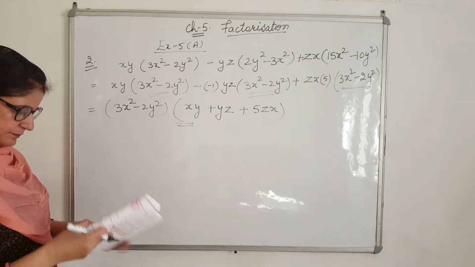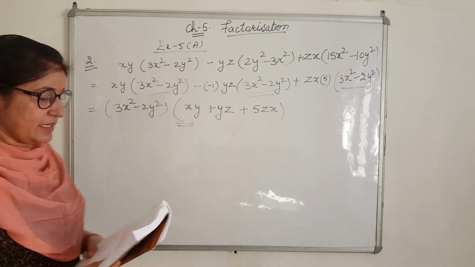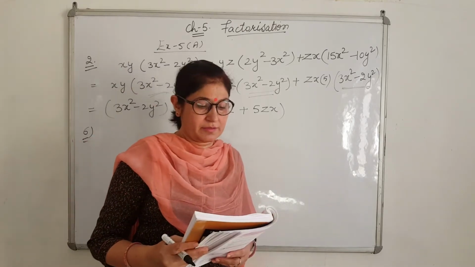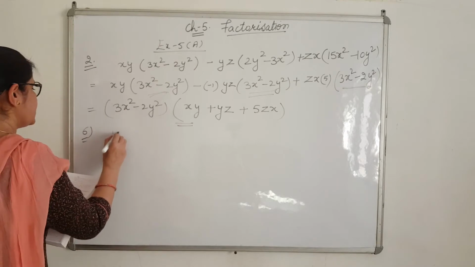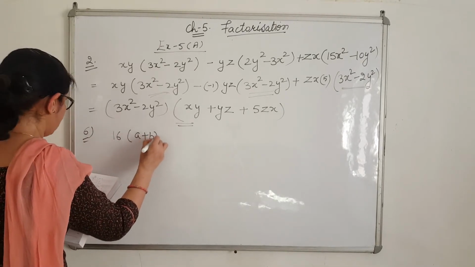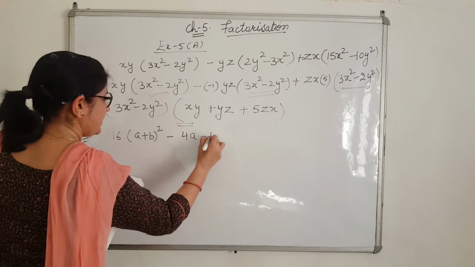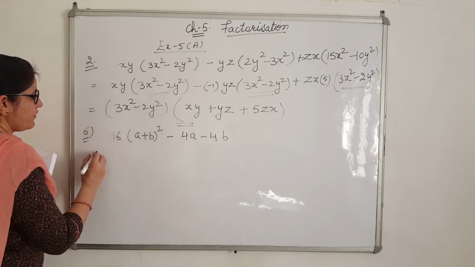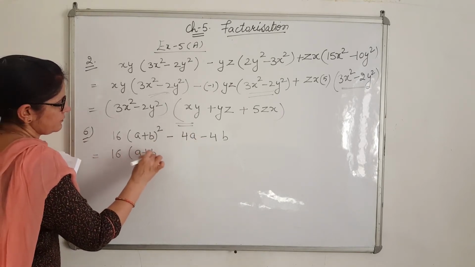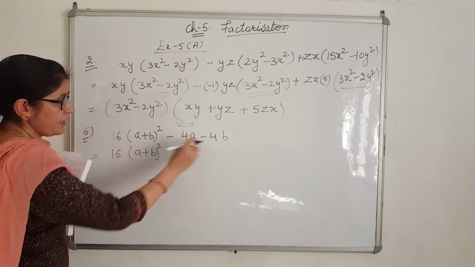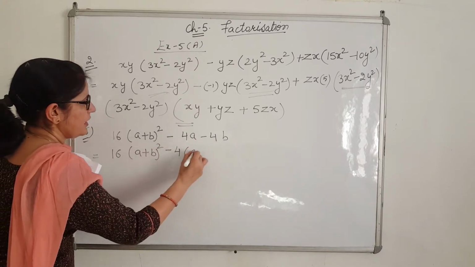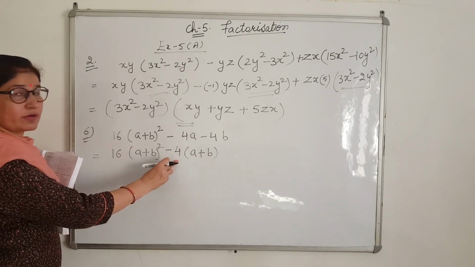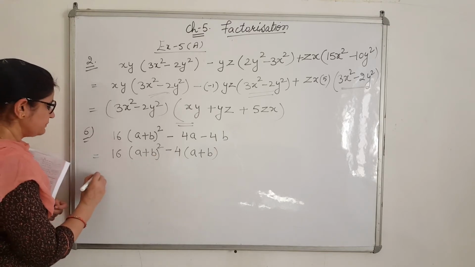Now next question, we'll do question number 6. This question you have to factorize by grouping method. So what is the statement? 16(a + b)² − 4a − 4b. We will see like this, only these numbers are common. First, what we will do? We will take 4 common and also minus 4(a + b). Now these internal terms are the same. 16 and 4, their HCF is 4, so we can take it common.